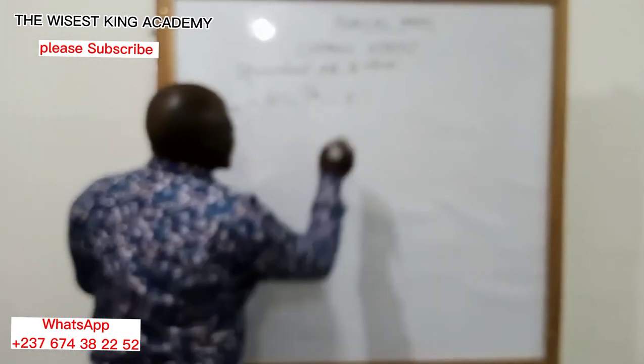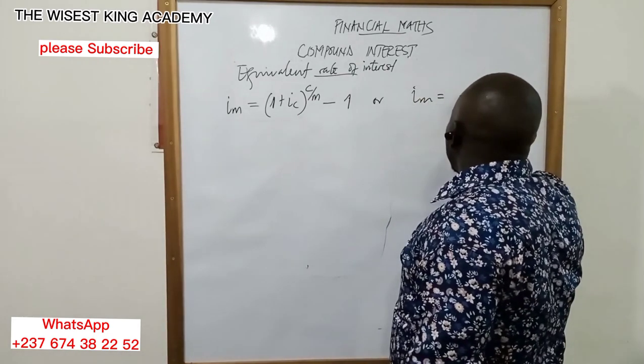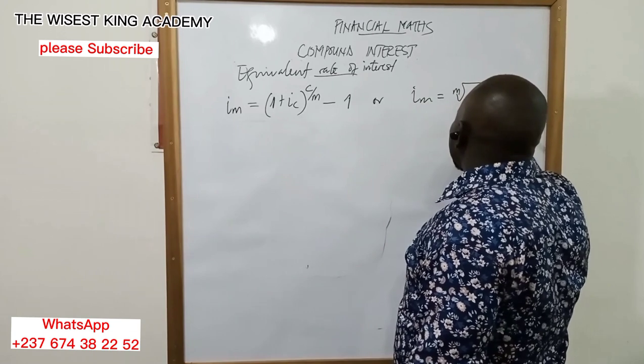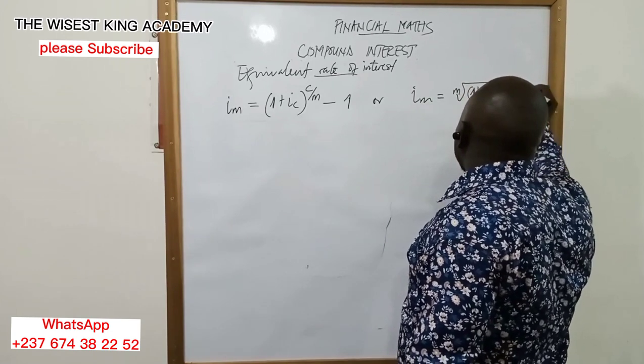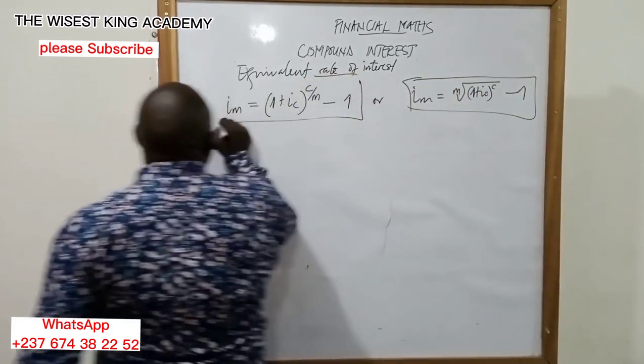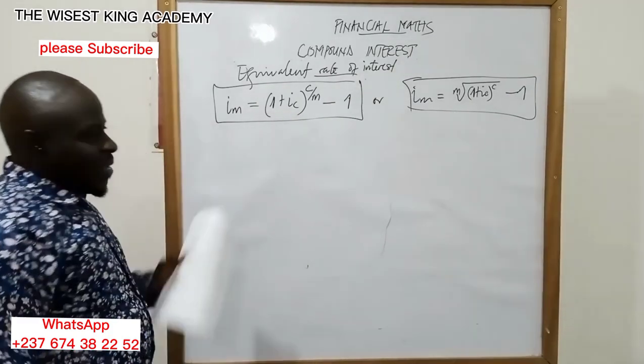This formula can still be given as i_m equals the m-th root of (1 + i_c)^c, all minus 1. These two formulas are the same, but this is what I will mostly use.